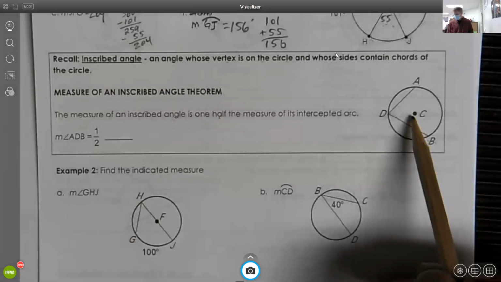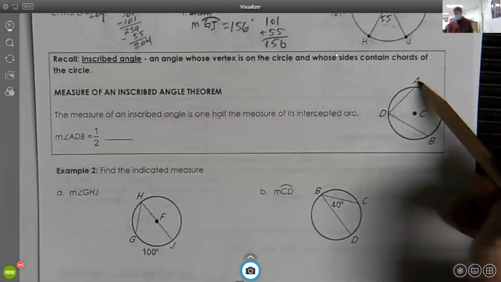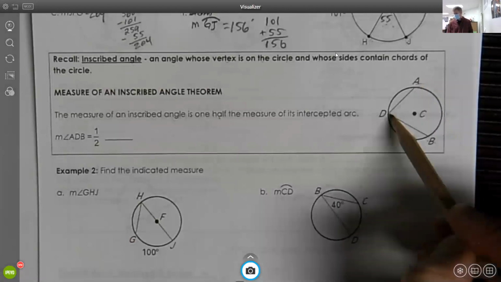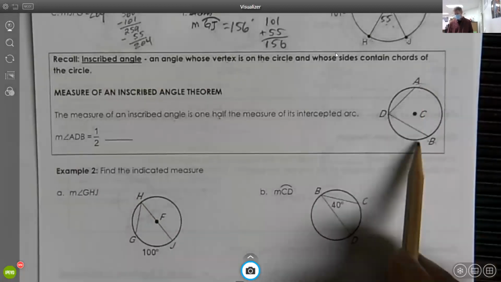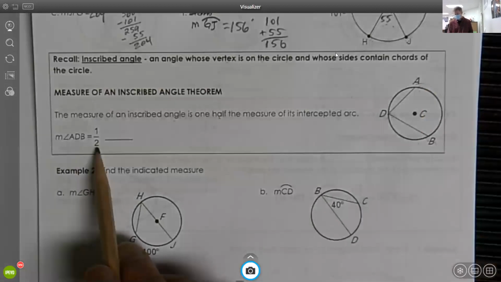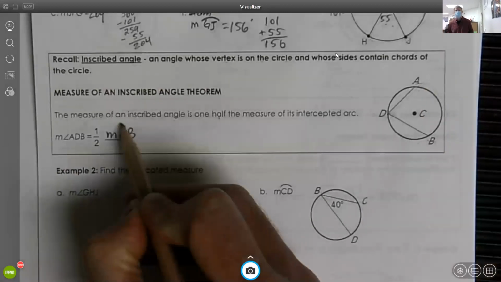So if you know what this arc is out here, the angle is going to be half that amount. In this case, the measure of ADB is going to be half the measure of arc AB.